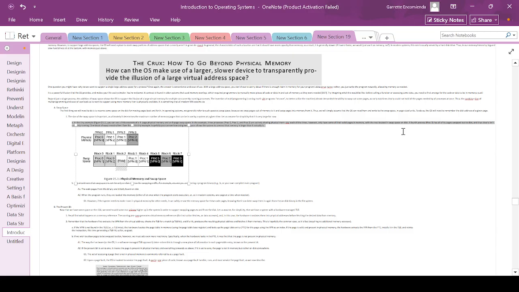So those are invalid. A 4th process, proc3, has all of its pages swapped out to disk.